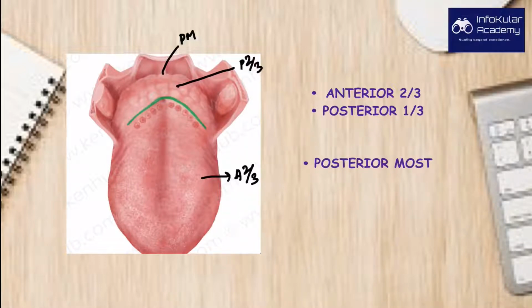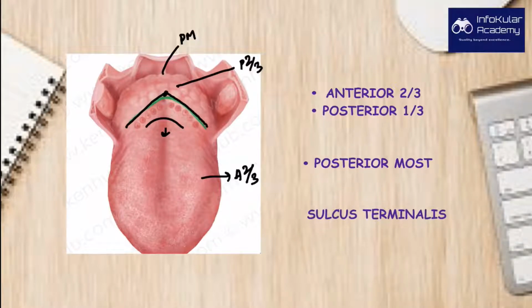Now there is a specific V-shaped groove here with the apex facing backwards and the concavity facing frontwards. And this sulcus is called sulcus terminalis. ये anterior 2/3 that is oral or horizontal part को divide करती है from posterior 1/3 which is the pharyngeal or the vertical part.